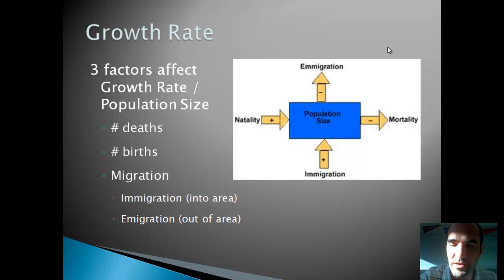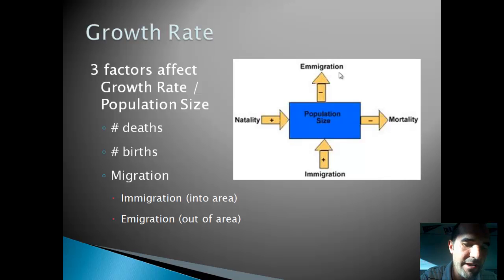Births, if you have more births every year, that's going to increase the growth rate or increase the total population size. And then migration, we have two different types. Immigration is into the area, so you can think of that. What letter does immigration start with? Letter I. What does into start with?